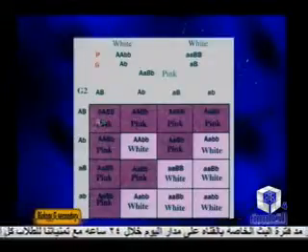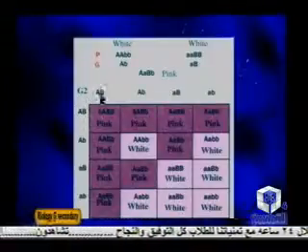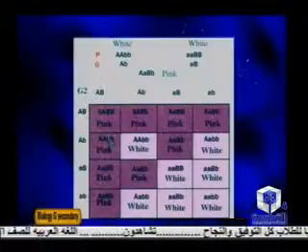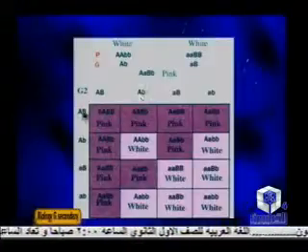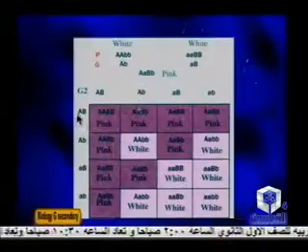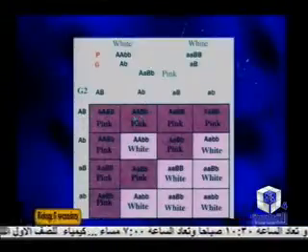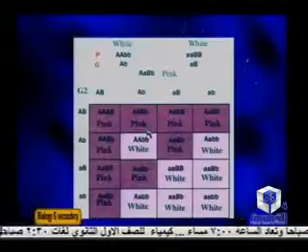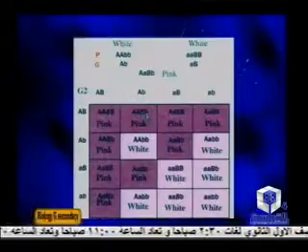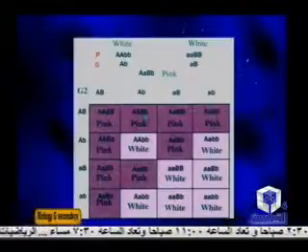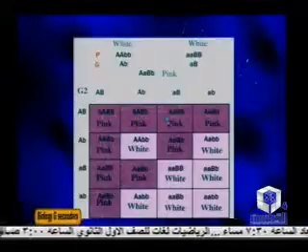For the first one, it will be A capital, B capital, B capital, and this represents the pink one. The second one, A capital, B small, B capital, B capital, B small here. So it is also pink. Why? Because one gene is in a hybrid case, and the second one is pure dominant.